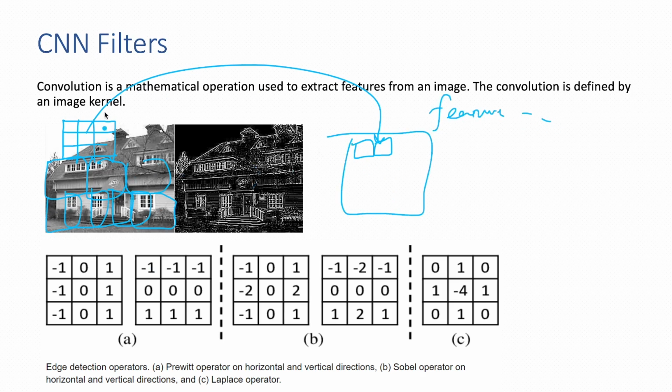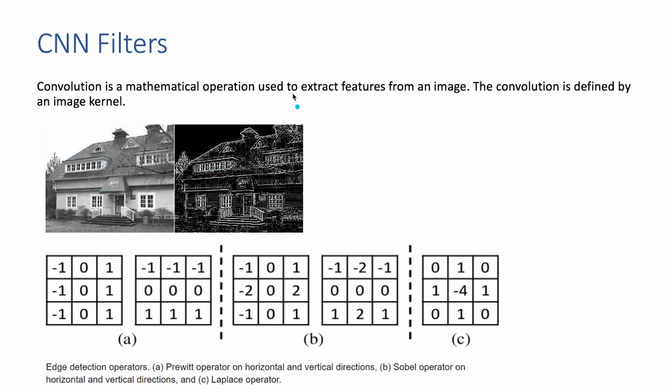In the whole process, by using this particular filter, you are trying to identify edges of this image. If you see, this right hand side image is showing us all the edges of this image. So one filter specializes in one feature extraction process. This filter may be good at identifying the edges. Another filter might be good at identifying some objects or patterns, whatever it is. So depending on the kernel, you might extract different types of features there.